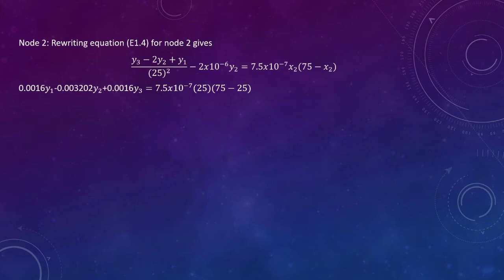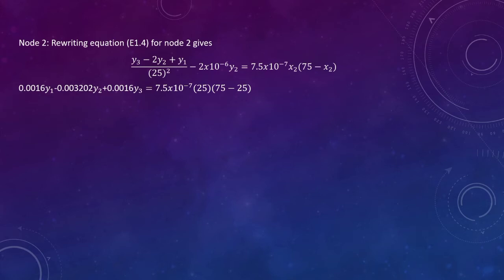So, after that, we get 0.0016 y sub 1 minus 0.00302 y sub 2 plus 0.0016 y sub 3 equals 7.5 times 10 raised to the power of negative 7 times 25 times the quantity of 75 minus 25.